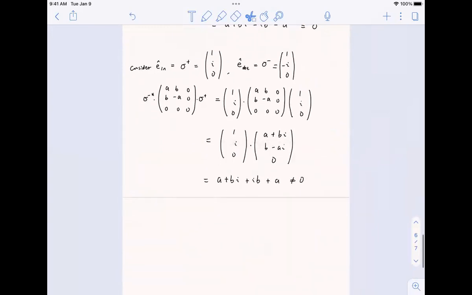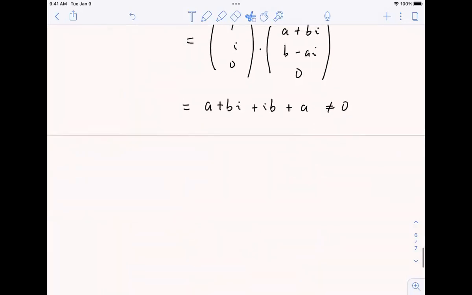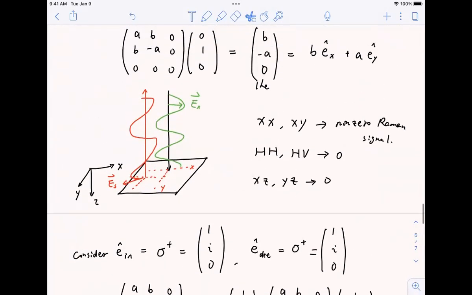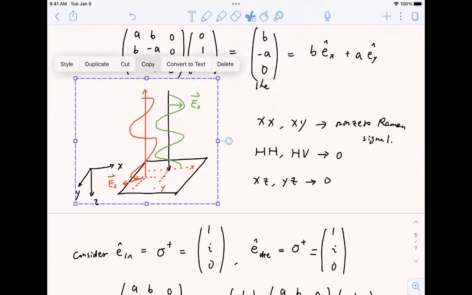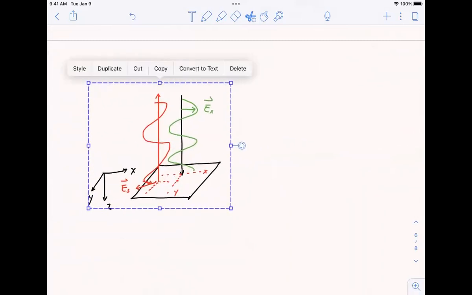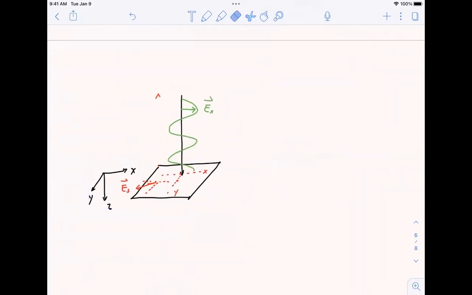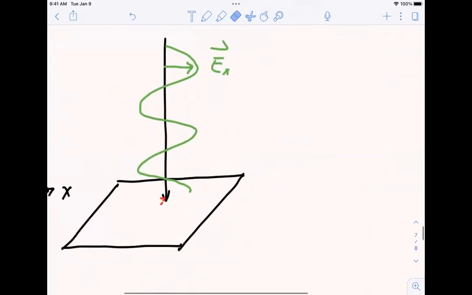Okay, so you get the idea. So what does it tell us? Let me copy this thing again. What does it tell us? That means if you shine circularly polarized light, you're going to get something like this.